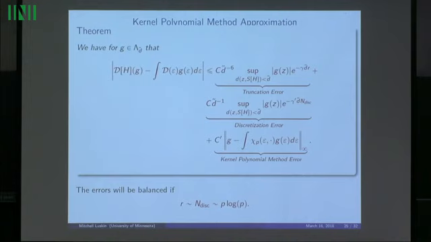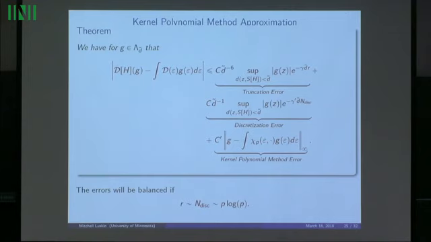I want to minimize the total error subject to a constraint on the amount of computational work, meaning the number of matrix-vector products and things like that. The answer is always that you want to choose the various numerical parameters so that each of these errors has comparable size.